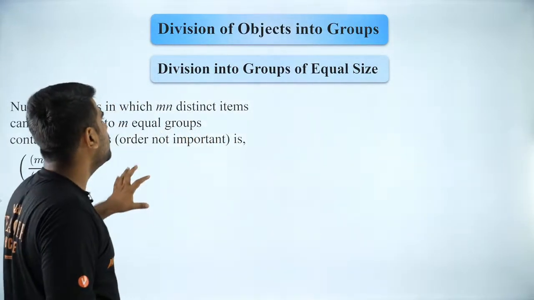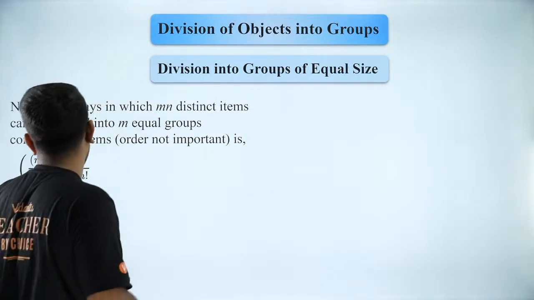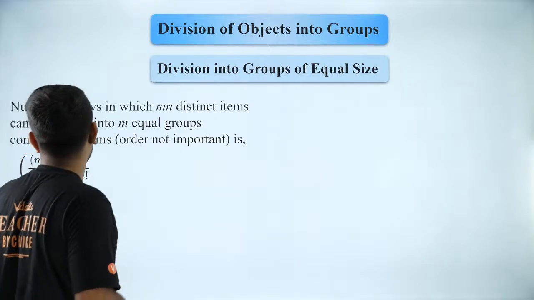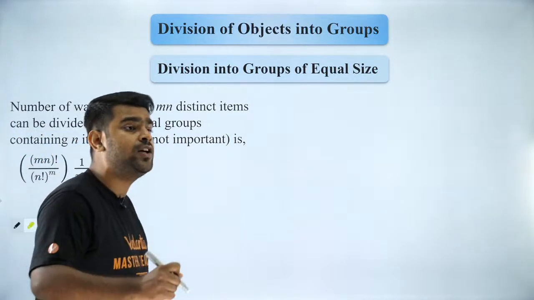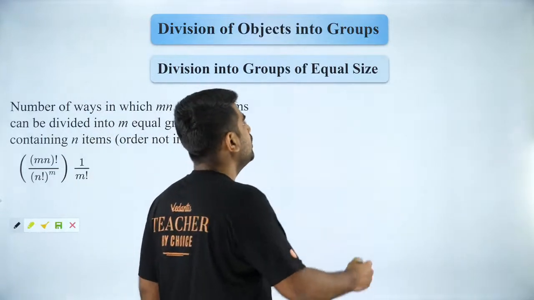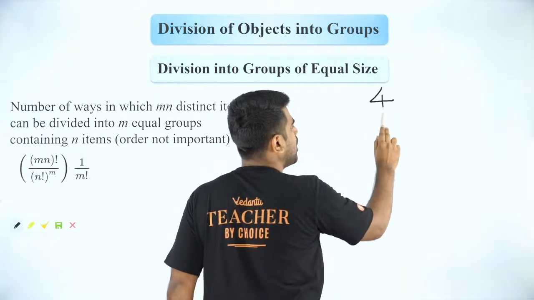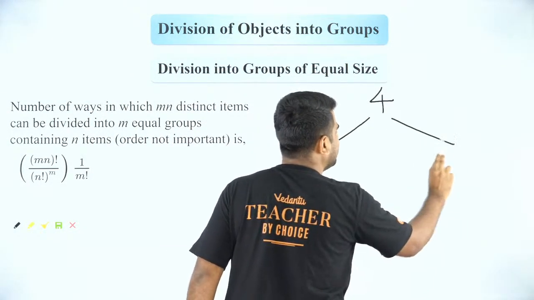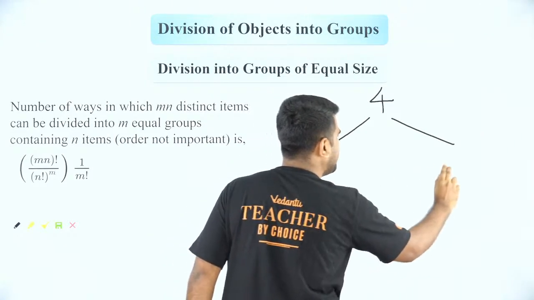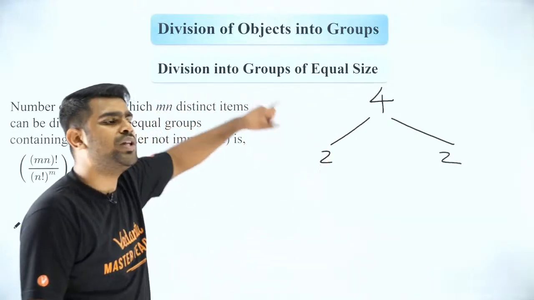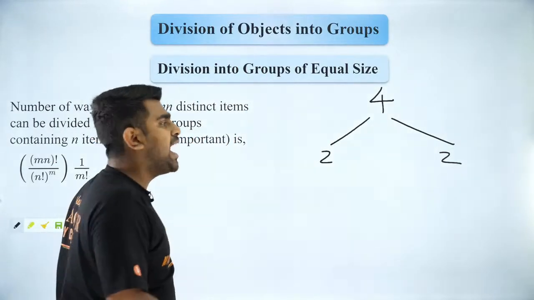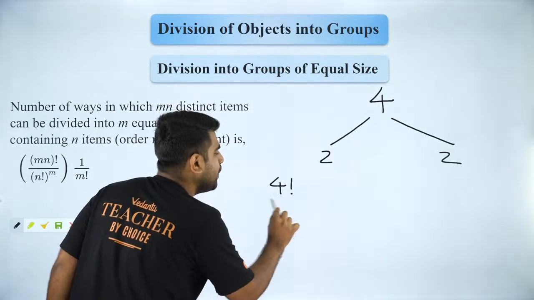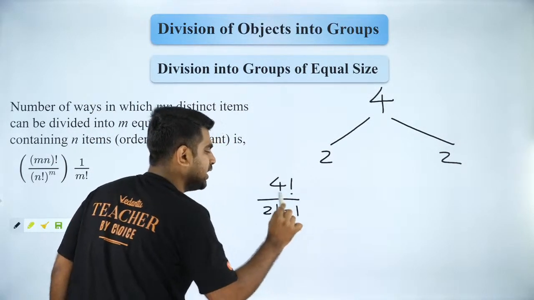Perfect. So let's continue. Now, division of groups of equal size. Now we are coming to equal size. Now everybody will ask me, sir, what is the difference? So now let us say you have 4 objects and I want to divide it into groups of 2 and 2. So according to the previous formula, the answer was 4 factorial by 2 factorial, 2 factorial.